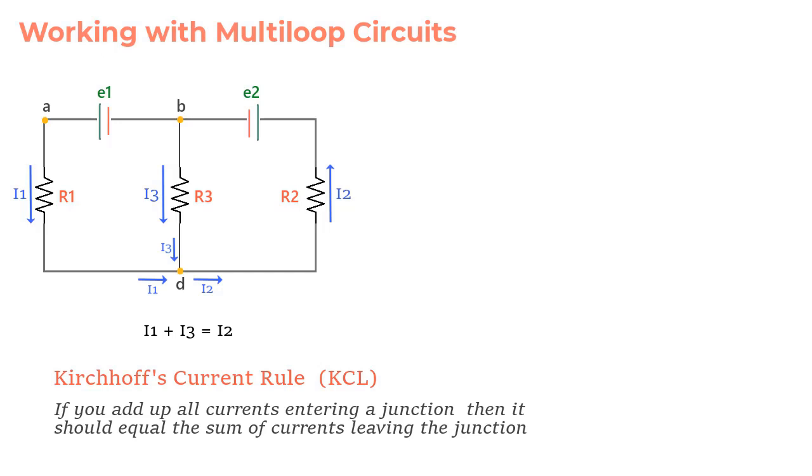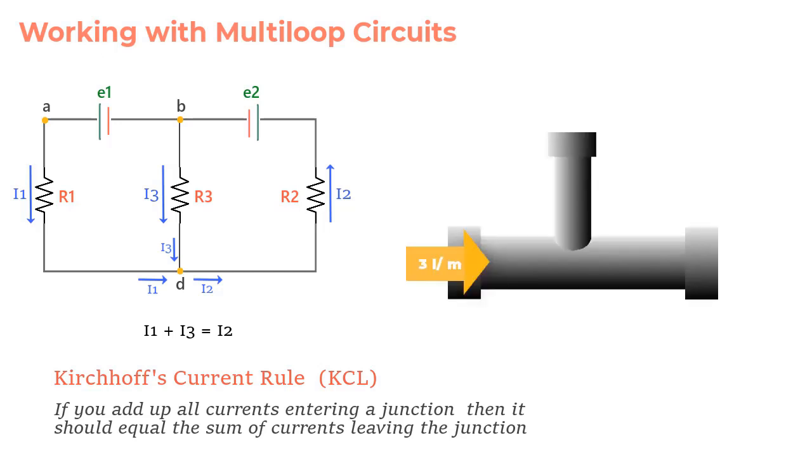In other words, charge does not build up at this junction or is lost. It is quite like water entering one pipe that has to get distributed in two outgoing pipes. So if 3 liters per minute is entering through this pipe, then the outgoing pipes cannot give you more than 3 liters, or you cannot get 4 liters per minute.